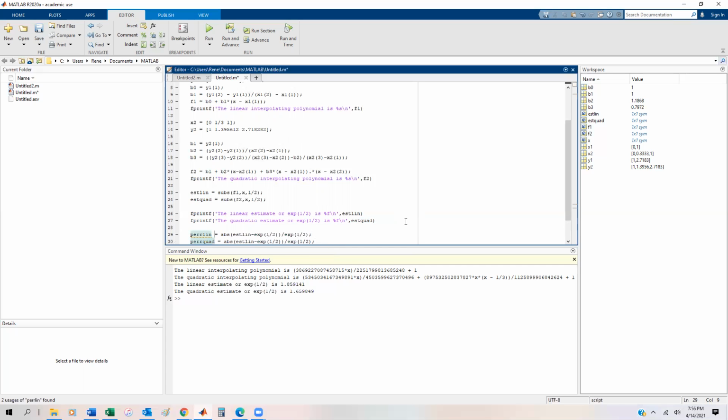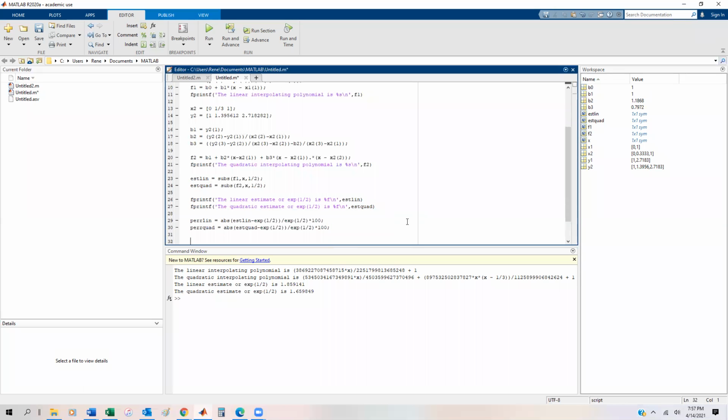So this is percent error quad. I'm going to multiply those by 100 in a moment, by the way. So this is est quad, our quadratic estimate, minus the actual value, and that's going to be times 100. And this is going to be times 100. All that said, let's hope that the quadratic estimate is better than the linear estimate and that they're at least somewhat close to one another.